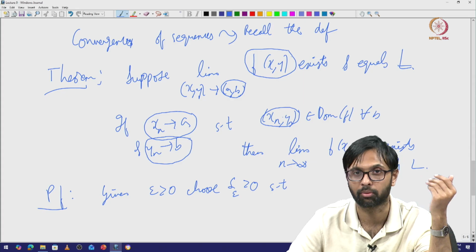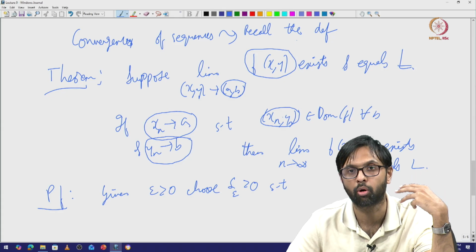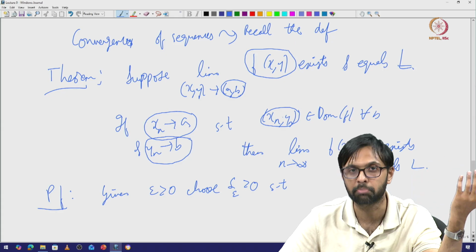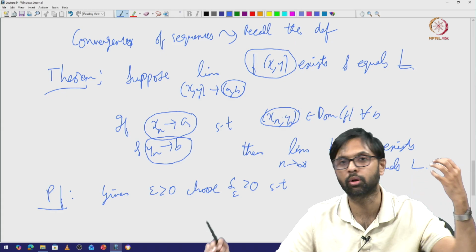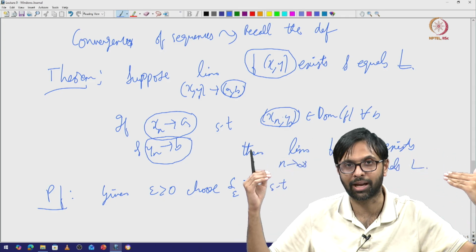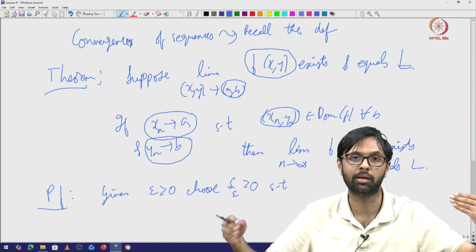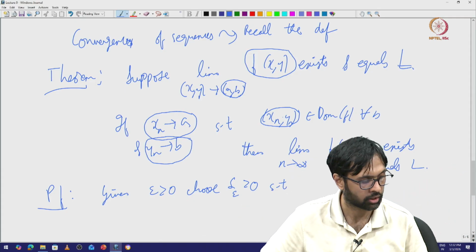The same kind of proof works. So even for multivariable functions, even if you have 3 variables or a billion variables, if you have two different sequences going to the same point, but the values of the function approach two different limits, then the limit doesn't exist.